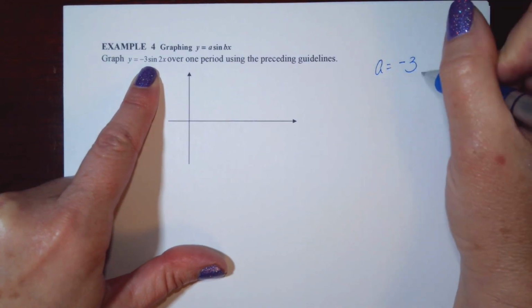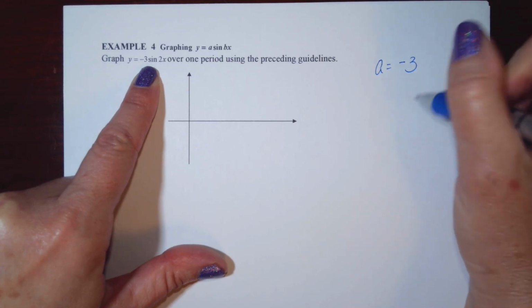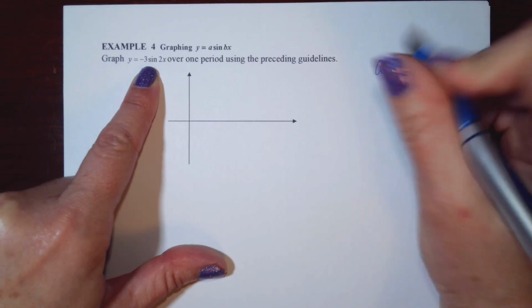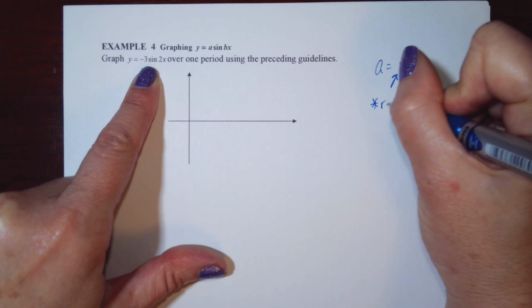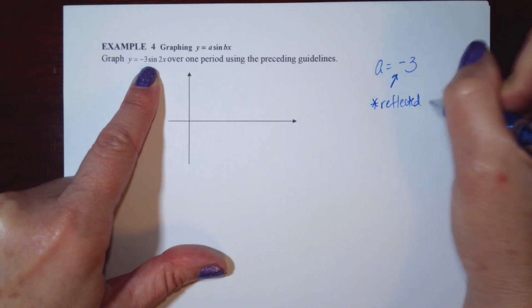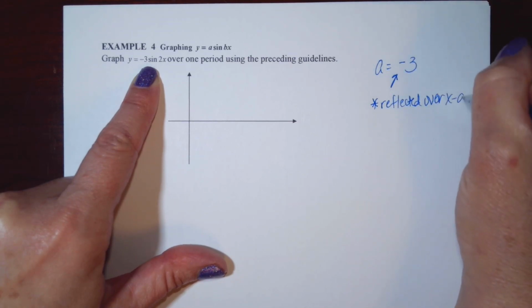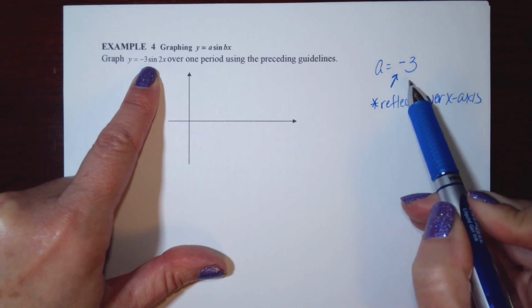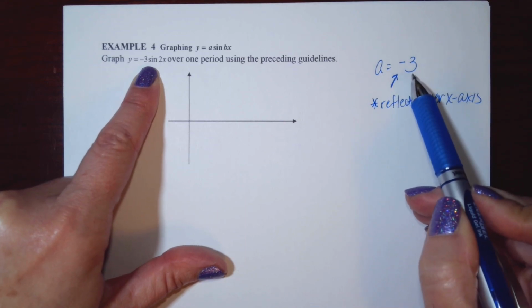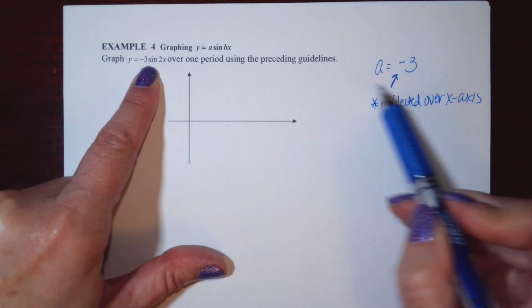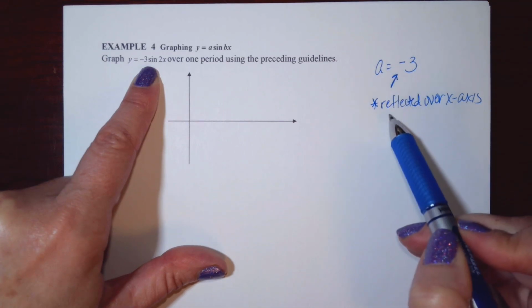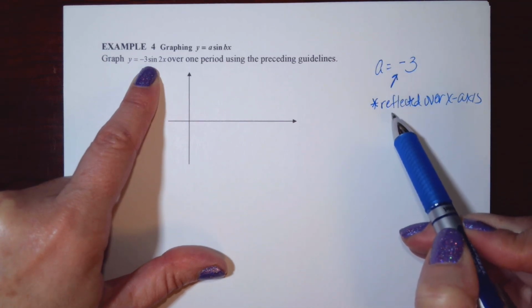Now 3 changes my amplitude. This negative out in front tells me it is reflected over the x-axis. The amplitude is not -3. The amplitude is 3. The value for A being negative tells me that I flipped my sine function upside down.